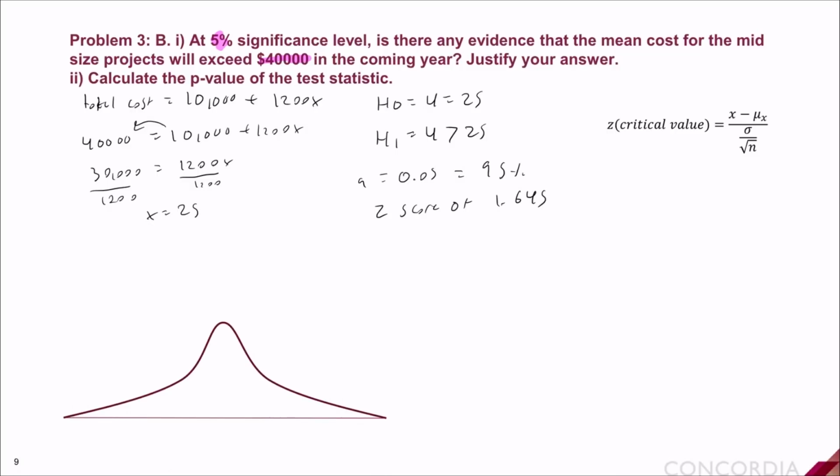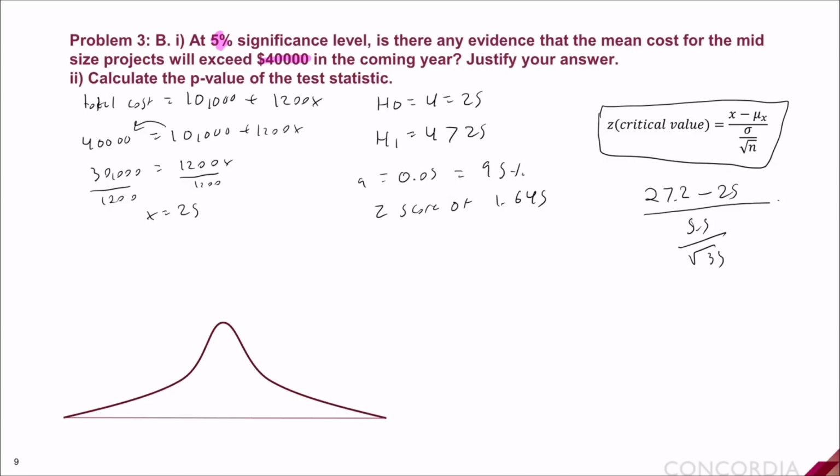Now we need to find our critical value using this formula, which would be 27.2, which was found before, minus 25 over 5.5 divided by the square root of 35 gives us a value of 2.37.